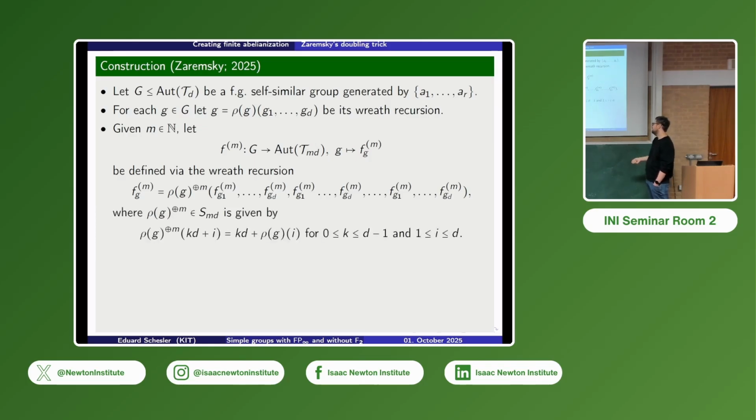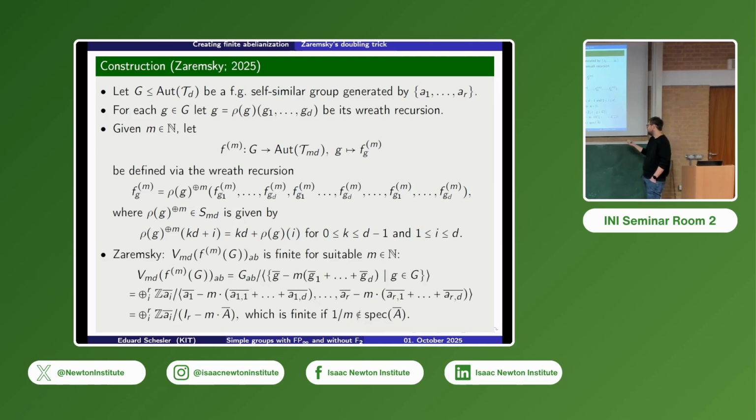And then what he shows is, first of all, one has to show that this is actually a homomorphism and that it is injective, but this is rather clear. And also, when one writes down what the abelianization is, it turns out that there are only finitely many m where this gives rise to a Röver-Nekrashevych group with infinite abelianization.